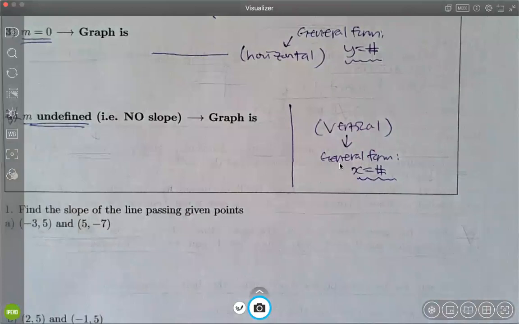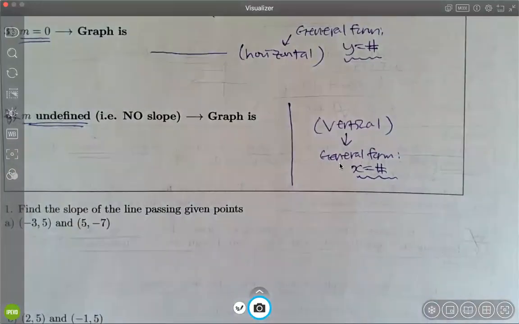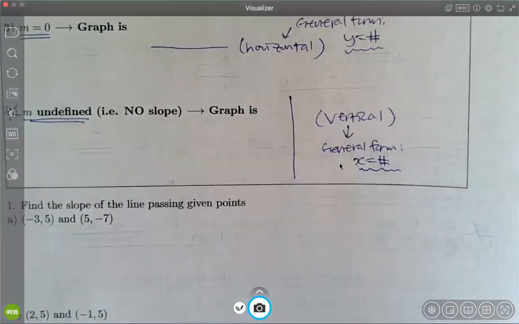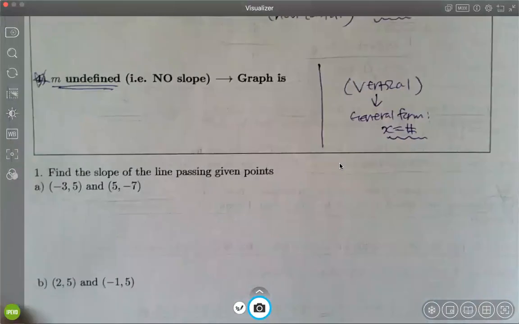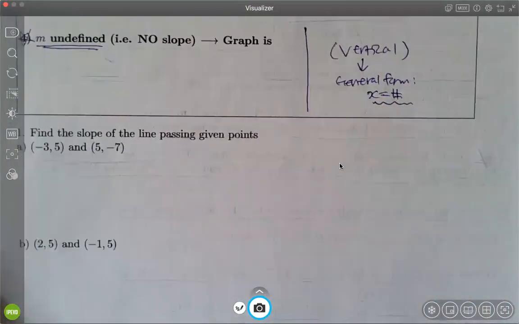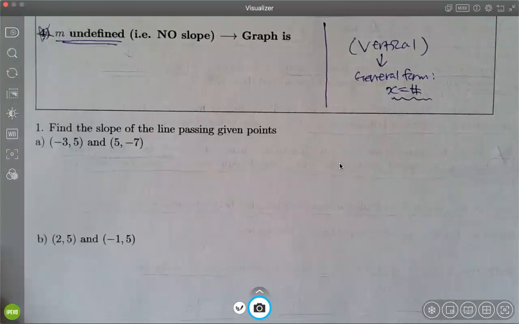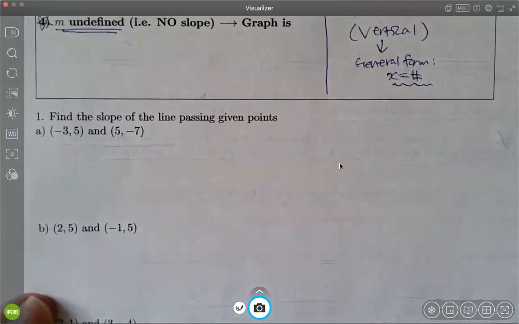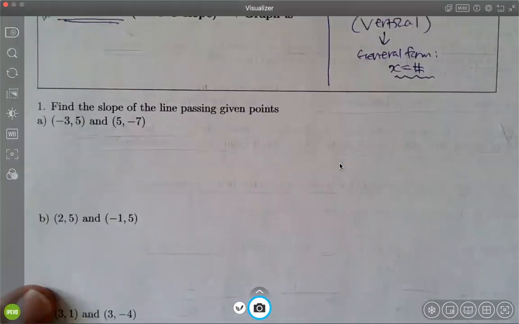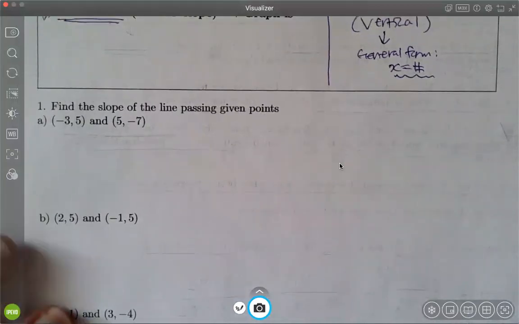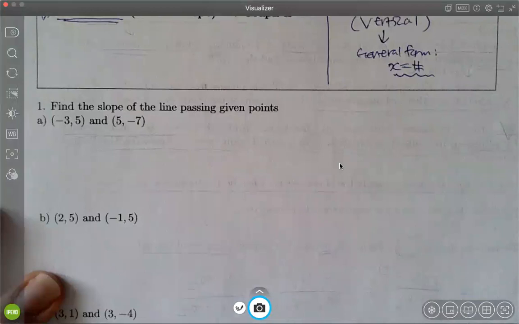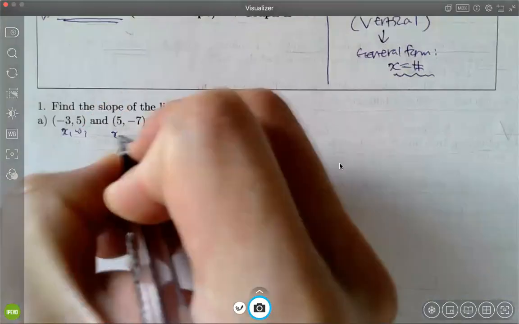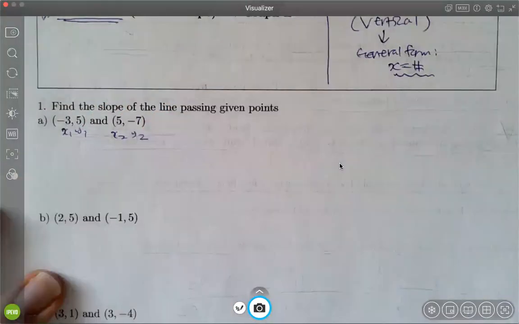So now let's look at a few problems. Okay. So find the slope of the line passing through the given points. Okay, so now here, surprisingly, there can be lots of algebra mistakes, and you'll see why. So here, most people end up labeling like this, x1, y1, and x2, y2.